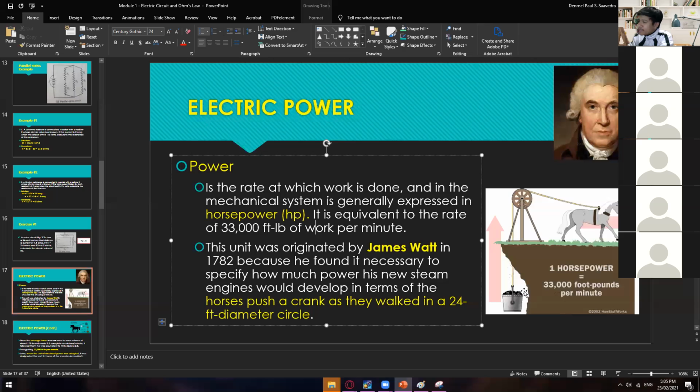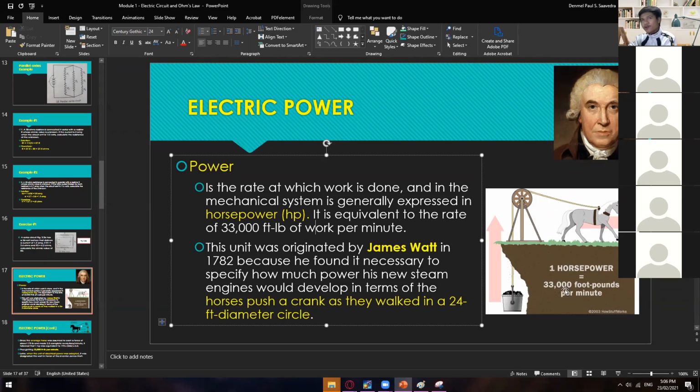Meaning, in 1 minute, this horse can lift 33,000 pounds.